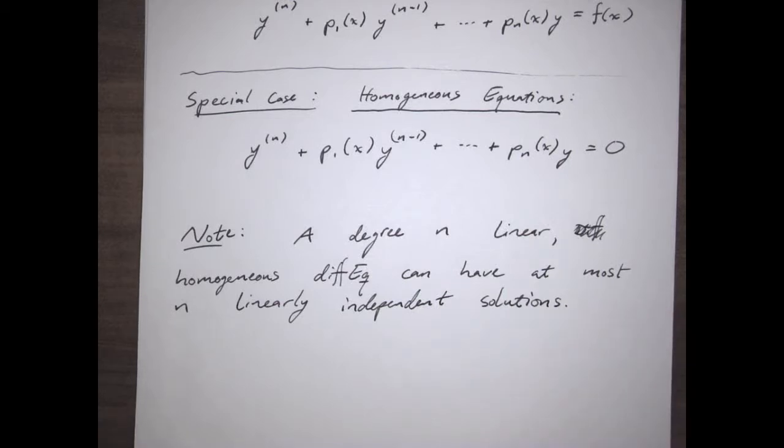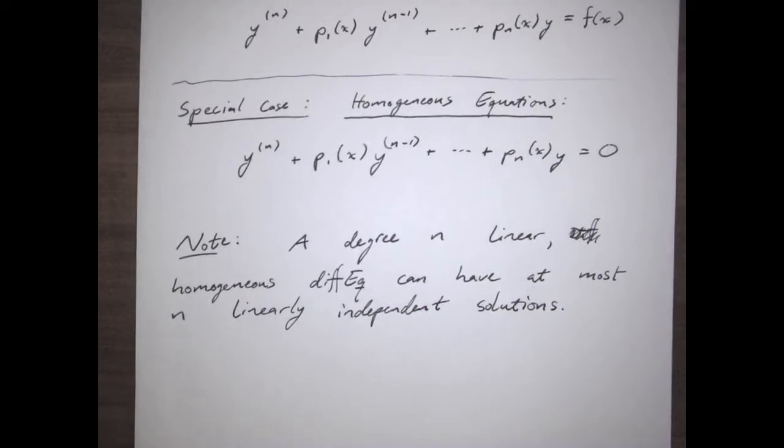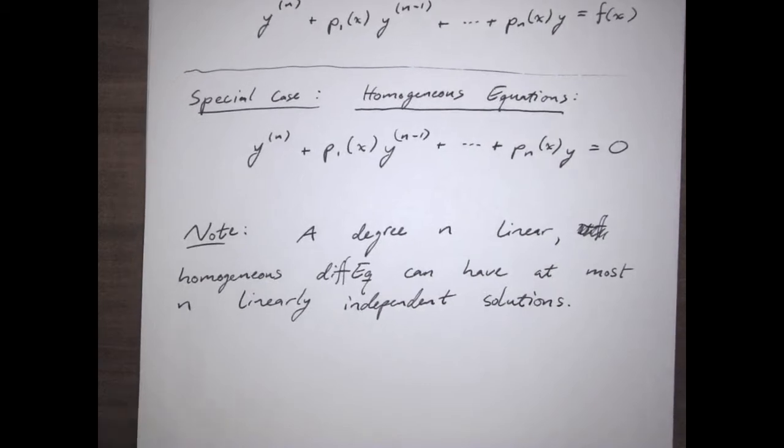So what this means is that if we had more than n linear solutions, one of them would have to be expressible in terms of the others.